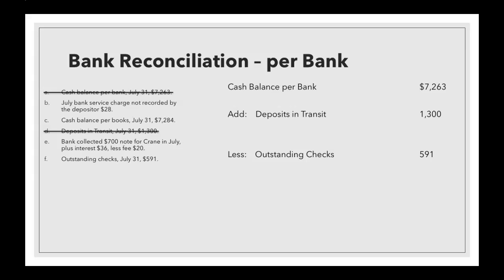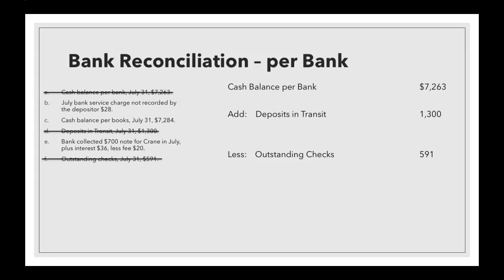But there's no way for the bank to know that you wrote on a piece of paper to pay someone until they take it to their bank. And that time gap from when you write it to when the person takes it to their bank, that's an outstanding check. It's still out there in the world.